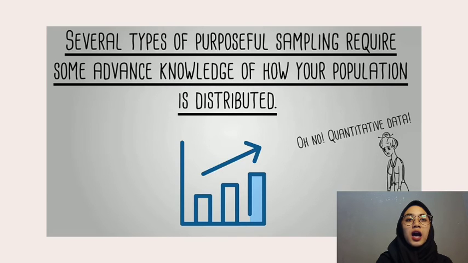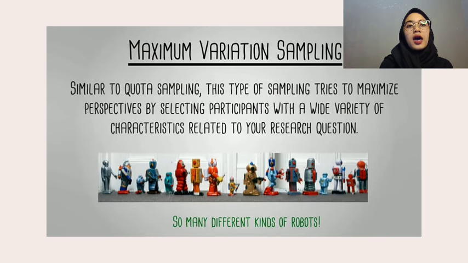Several types of purposeful sampling require some advanced knowledge of how your population is distributed. And for the last, there is maximum variation sampling. Similar to quota sampling, this type of sampling tries to maximize perspectives by selecting participants with a wide variety of characteristics related to your research question.